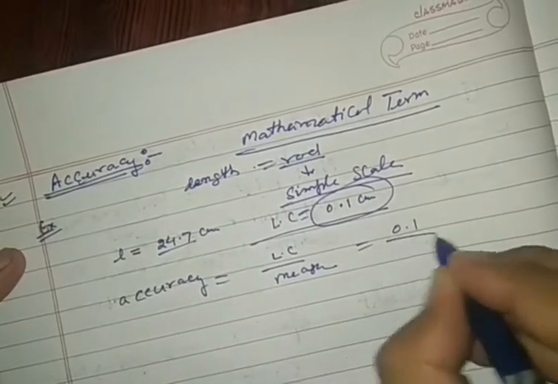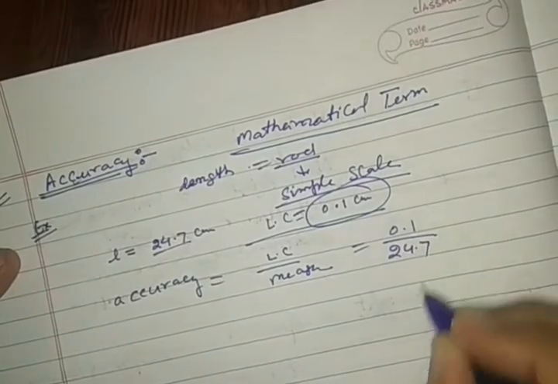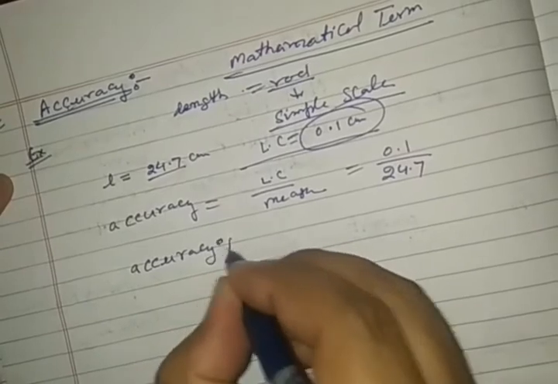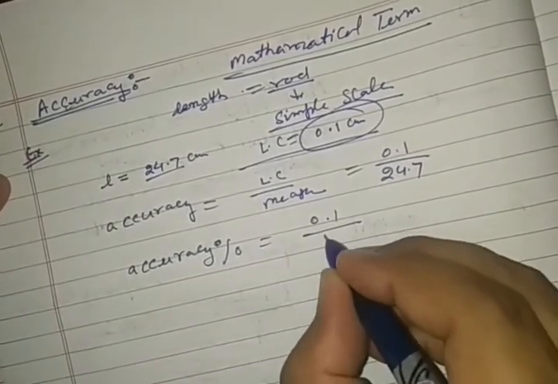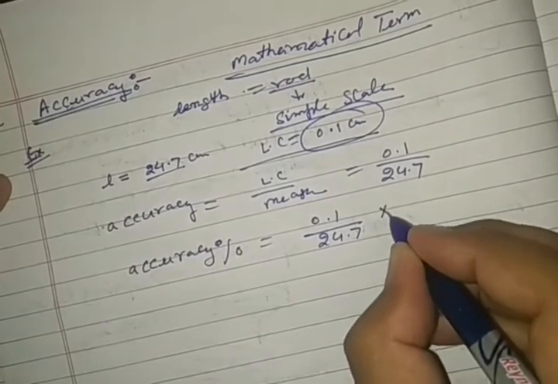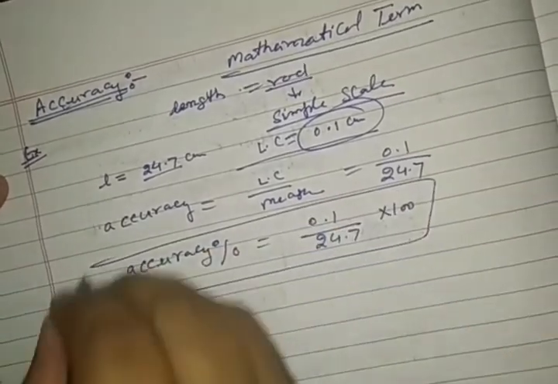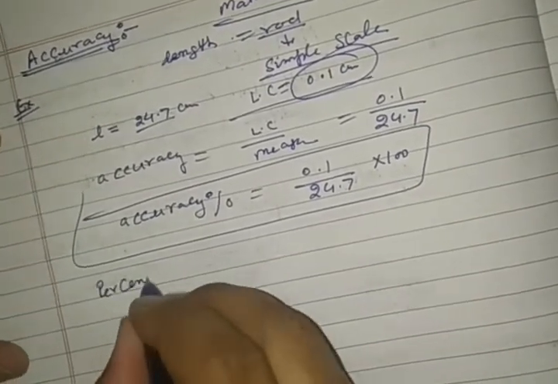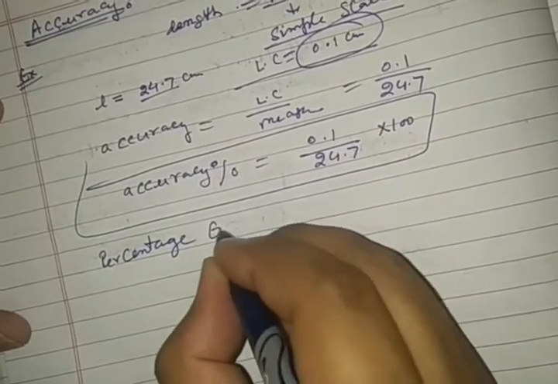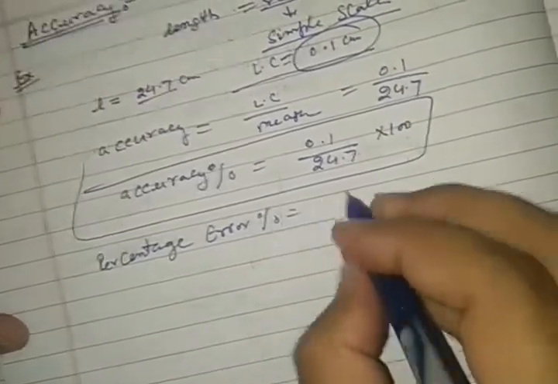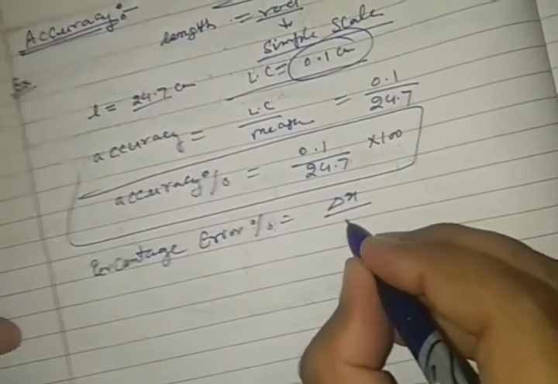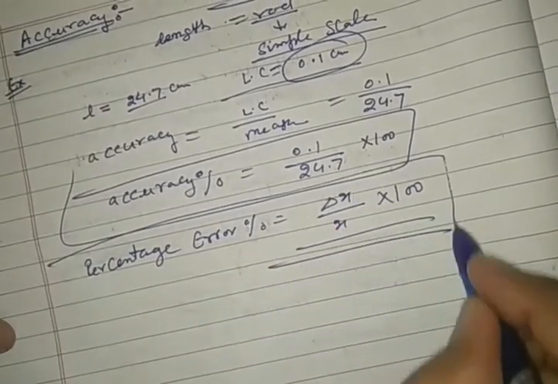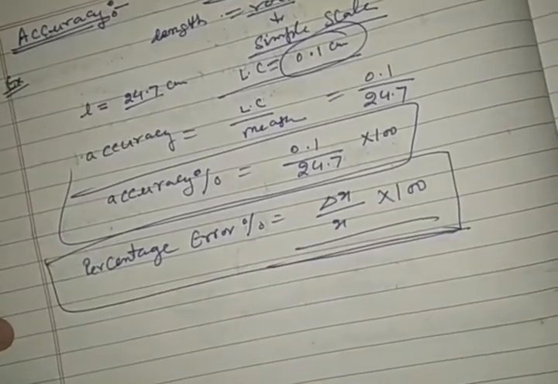This is 0.1 by 24.7, and the percentage is determined as 0.1 by 24.7 into 100. So percentage error is delta x by x into 100. This is explained by this formula.